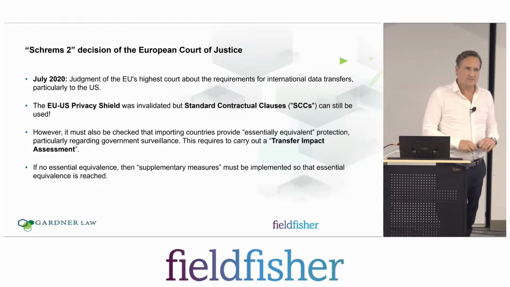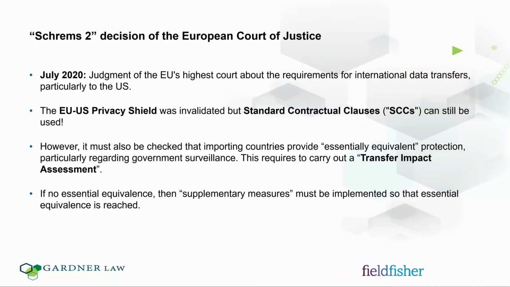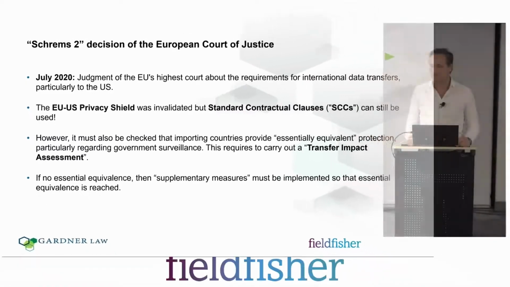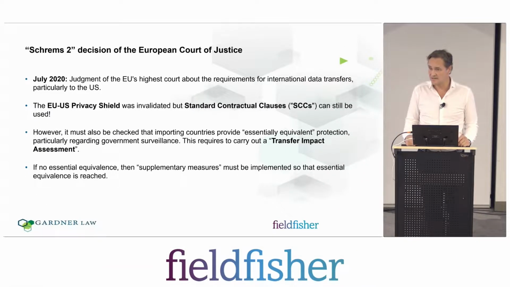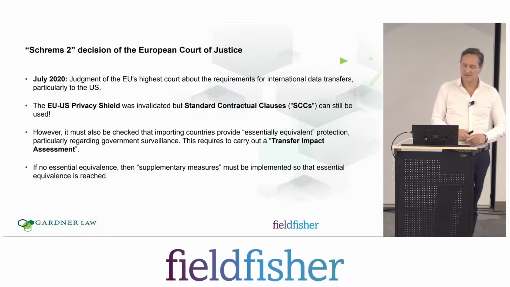So let's have a very brief look at the consequences of the so-called Schrems II decision. The verdict was from July 2020, and it dealt with the requirements for international data transfer, particularly to the US, and more precisely, in particular, with the consequences of the US surveillance laws, and to what extent that would still guarantee or not a level of data protection that is similar to the one in the European Union.